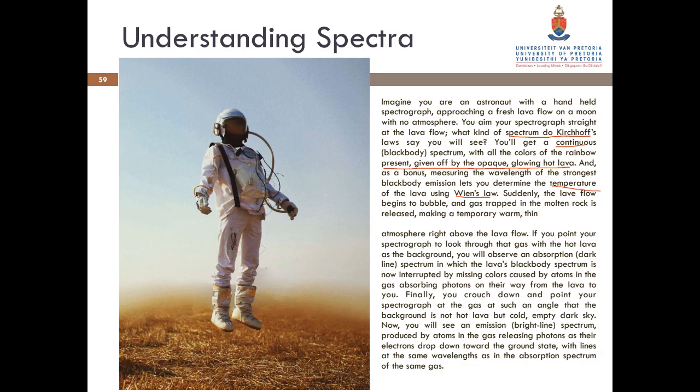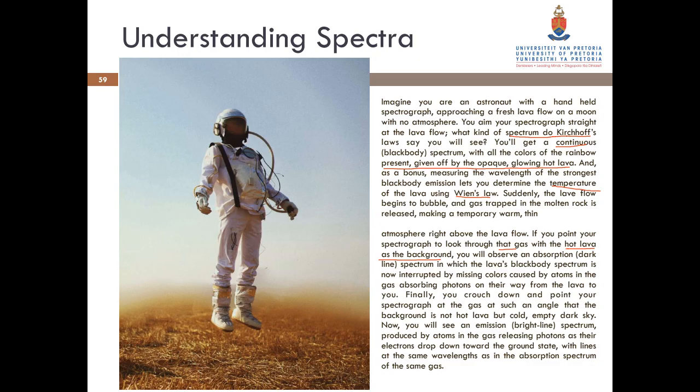If you point your spectrograph to look through the gas with the hot lava as the background, remember you have to have a continuous color as the background, we can see it is a hot gas. That means we will have an absorption, dark line spectrum, in which the lava's blackbody spectrum is now interrupted by missing colors, caused by atoms in the gas absorbing photons on their way from the lava to you.